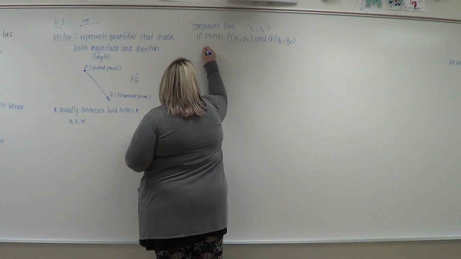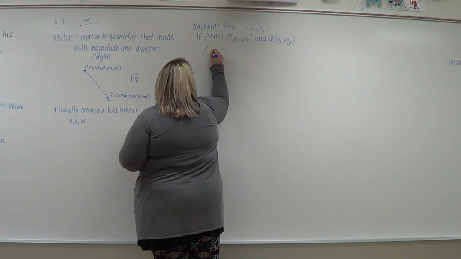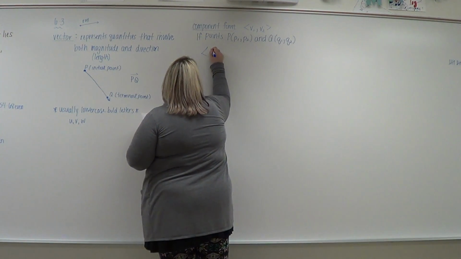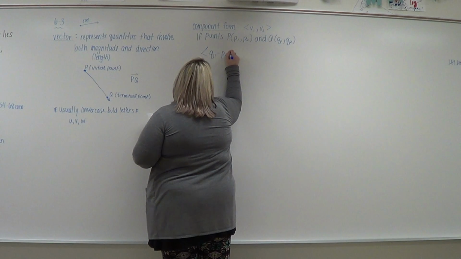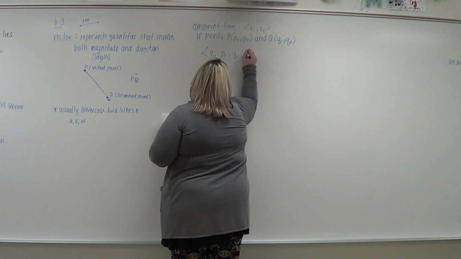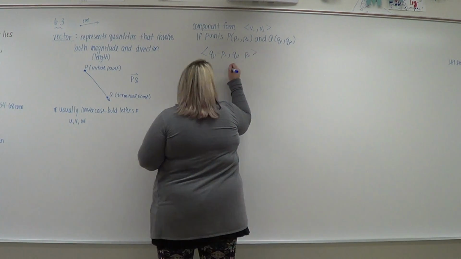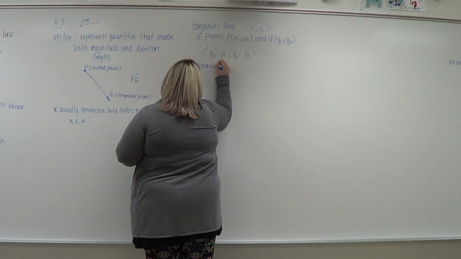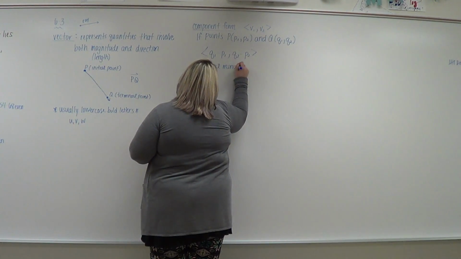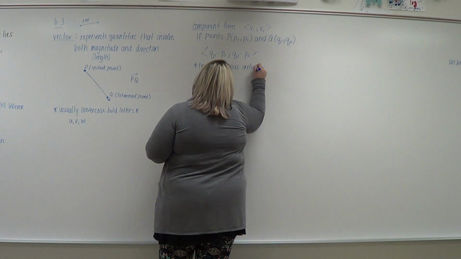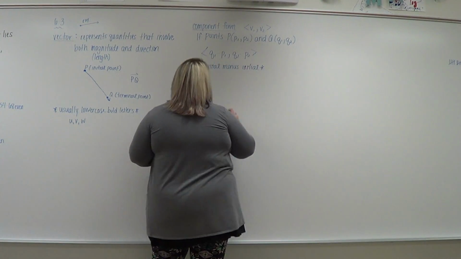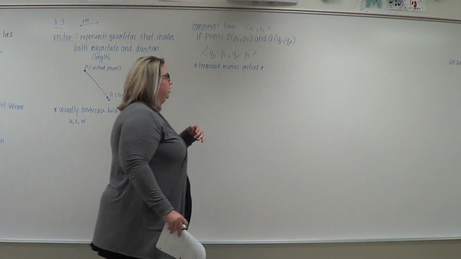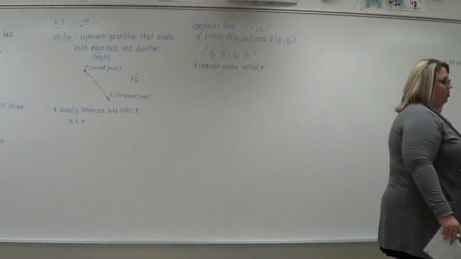To find the vector, if it goes from P to Q, you always do terminal minus initial. So it's always terminal minus initial. If it doesn't tell you which one's which, you assume the first one listed is the initial and the second one listed is the terminal.